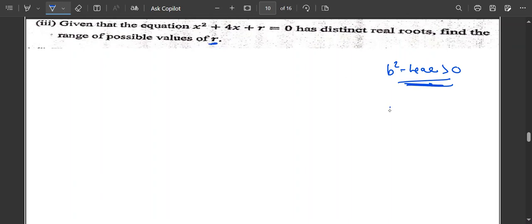So let's go. If b squared minus 4ac should be greater than 0, our b there is 4, so that would be 16 minus 4. Our a is 1, right?